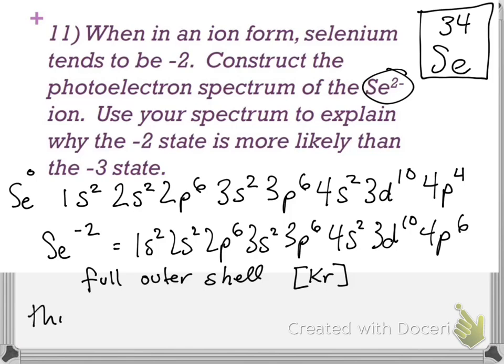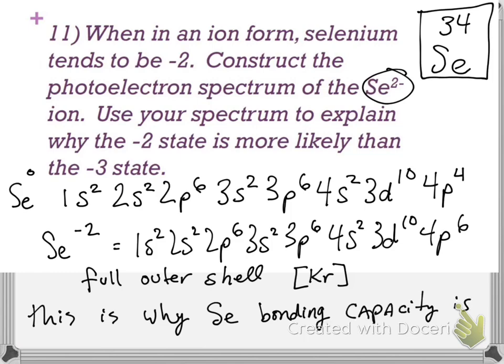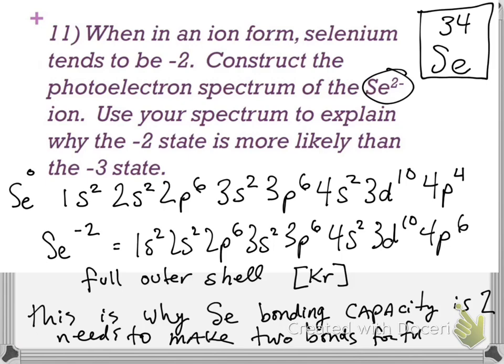It's also why selenium's bonding capacity is 2, because selenium must form 2 bonds to share the additional electrons from the bonds to obtain the full shell. So selenium needs to make 2 bonds to fill its outer shell.